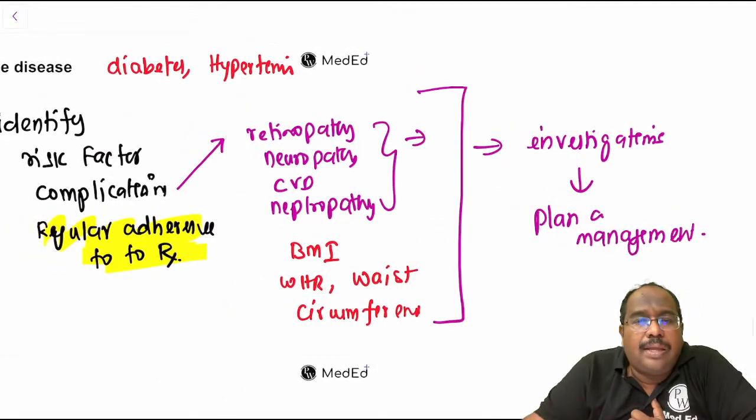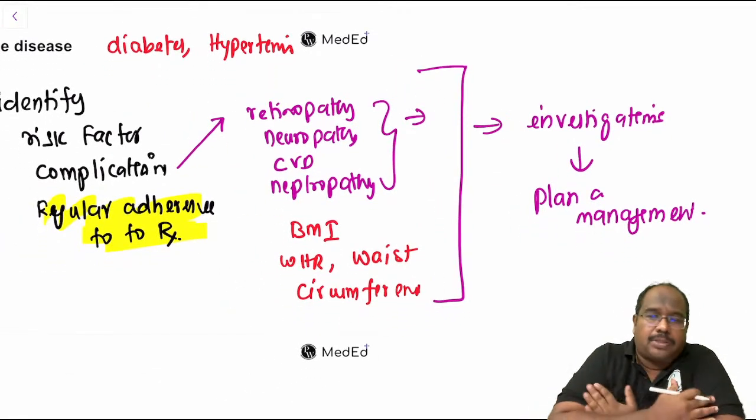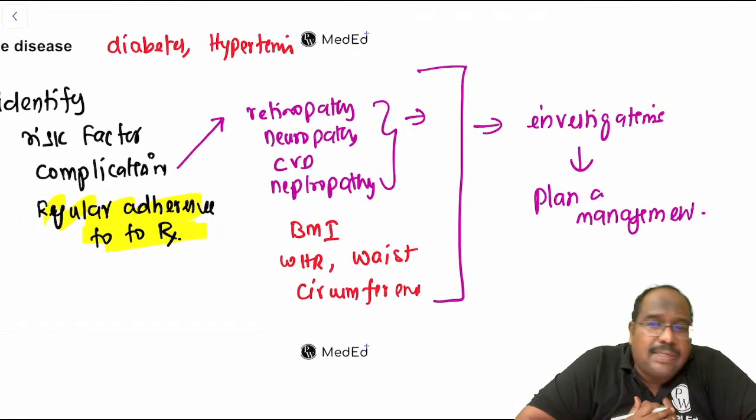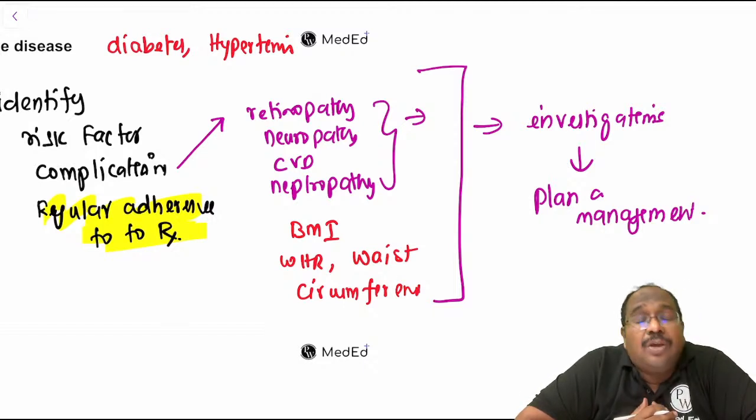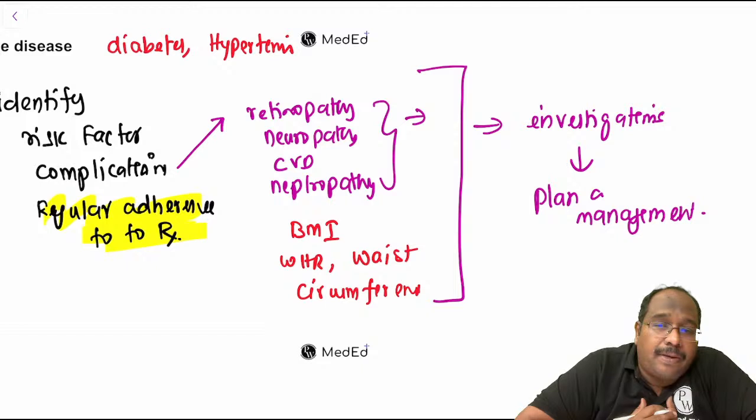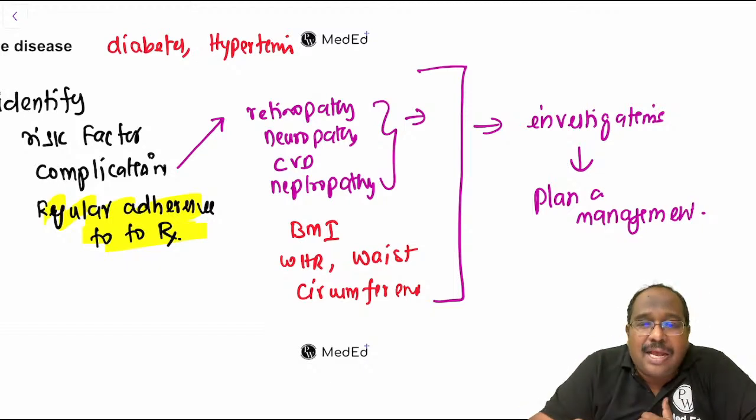As a teacher, we expect that in a diabetes and hypertension case, you are looking for risk factors, for complications, and for adherence to treatment. Did you check the anthropometry? Sometimes patients come for a case of hypertension and they didn't even check blood pressure.